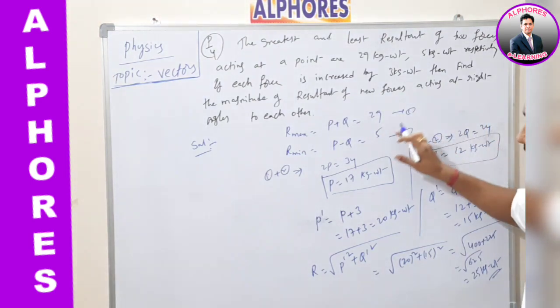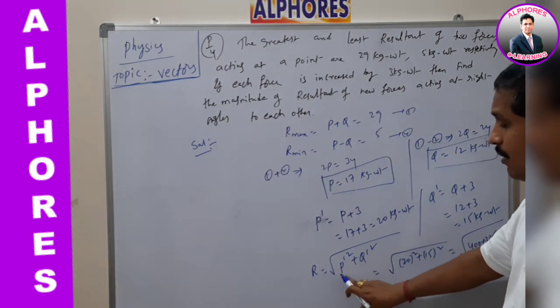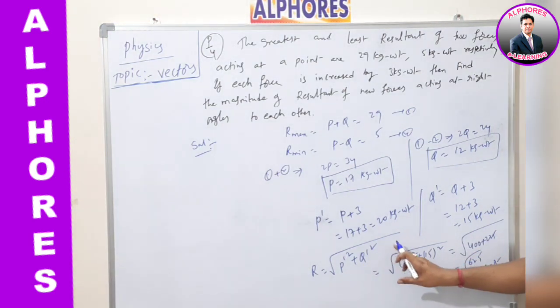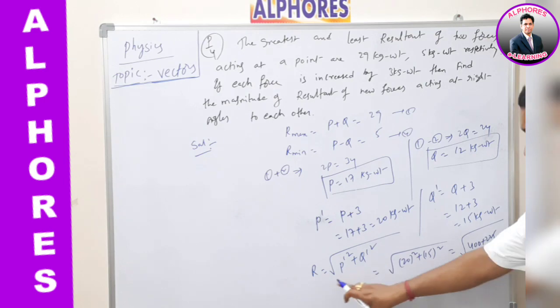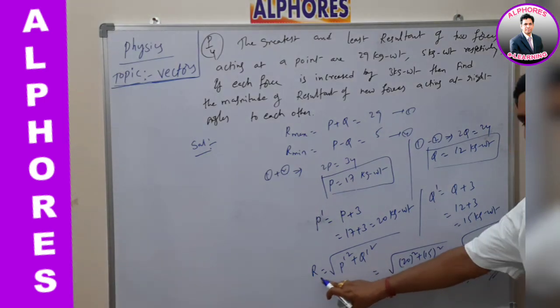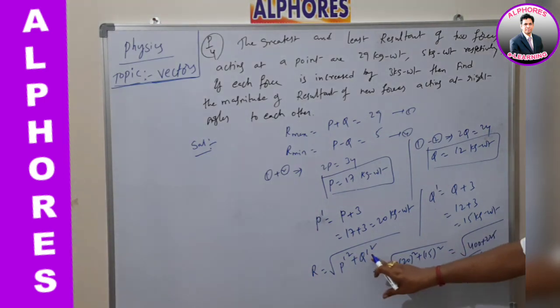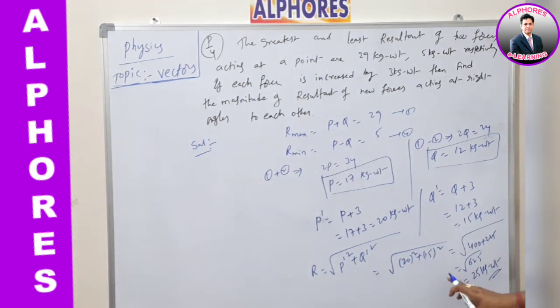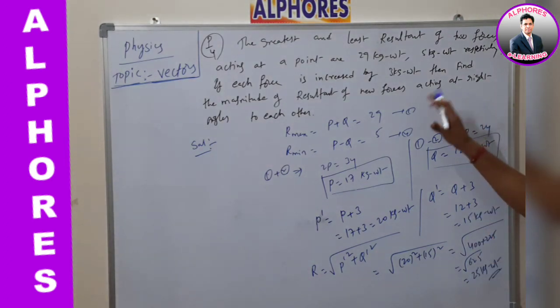Right angles means perpendicular. Means R dash is equal to root of P dash square plus Q dash square plus 2 P dash Q dash cos 90. Cos 90 is 0. That means if the two vectors are perpendicular, this is the resultant. Now in that resultant, you have to substitute these values and solve. How much is it? 25 kg weight. So this is the answer.